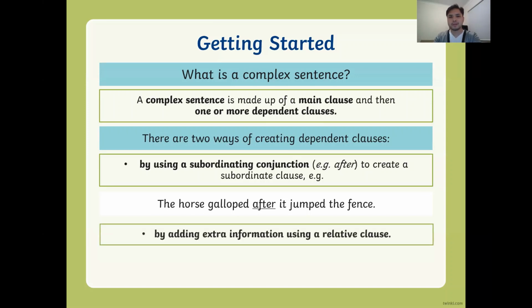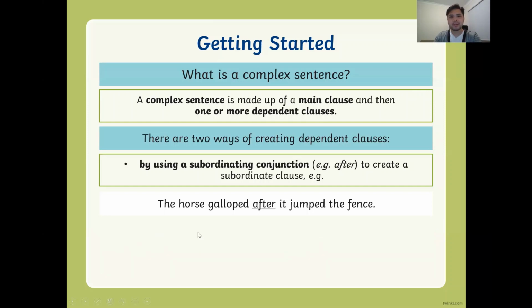Oh, wait. Let's pause. Let's rewind back. So let's go back. The horse galloped after. The word after is the subordinating conjunction. So let's look at that word for a sec. Subordinating conjunction. The word subordinating means someone who is lower or ranked lower, okay?